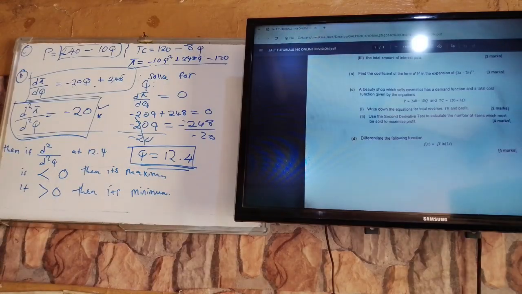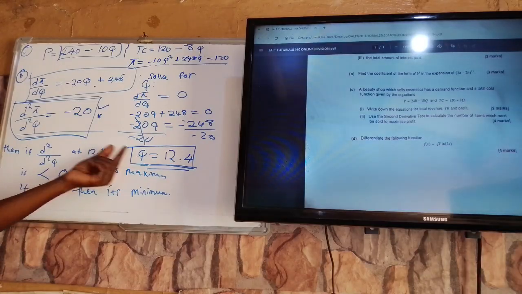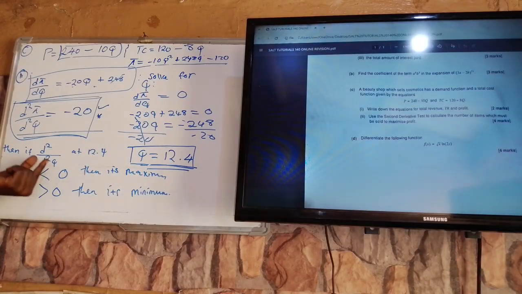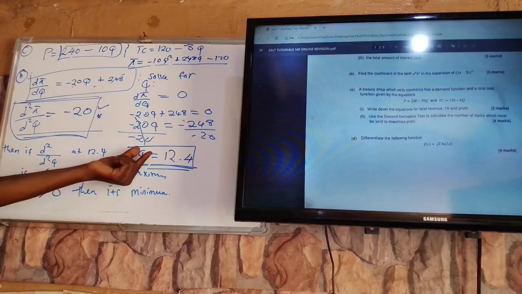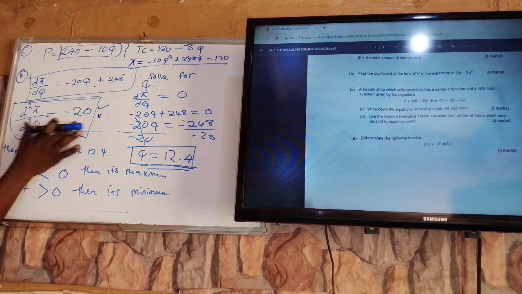That's what we know. The question says use the second derivative to calculate the number of items which must be used to maximize profit. So we are looking for the point which can maximize our profit. If the second derivative is less than 0 when you put in q as 12.4 — now, this second derivative has no q here. This is more like a constant function.